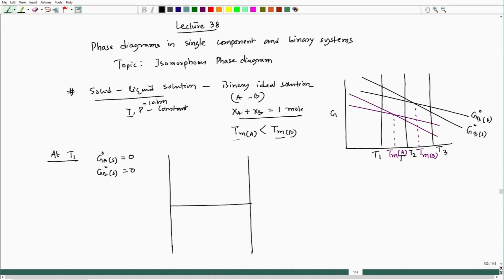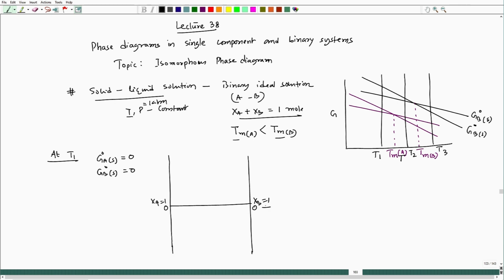So, extreme ends are nothing but pure A and pure B, or we can write this way, Xa equal to 1, Xb equal to 1, and these two points are 0 points.